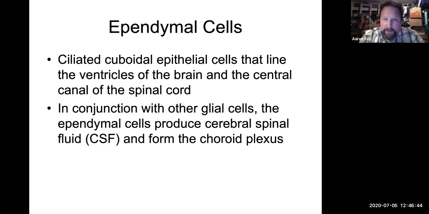In fact, inside the ventricles you have structures called choroid plexuses, and inside a choroid plexus you will find ependymal cells. So ependymal cells take blood and turn it into cerebrospinal fluid. You find ependymal cells inside the choroid plexus. Choroid plexuses are found inside the ventricles, which are spaces or cavities in the brain.